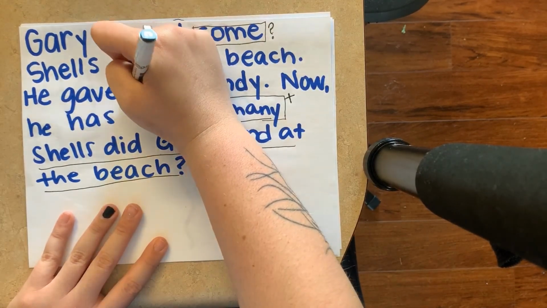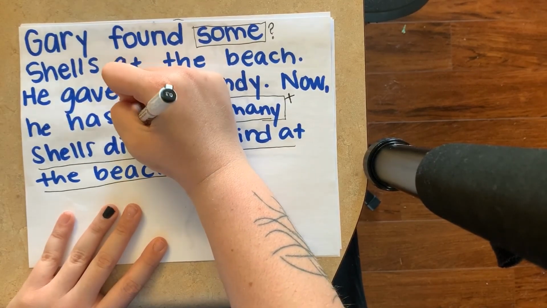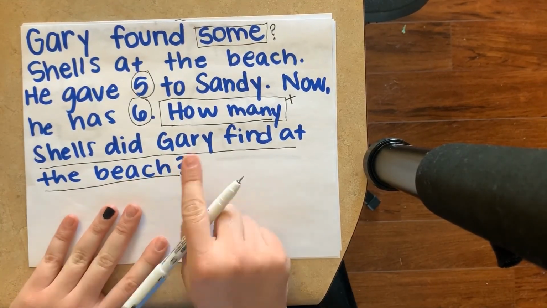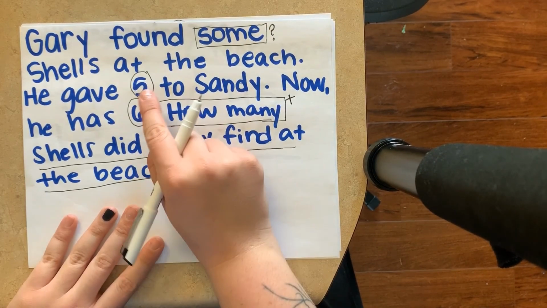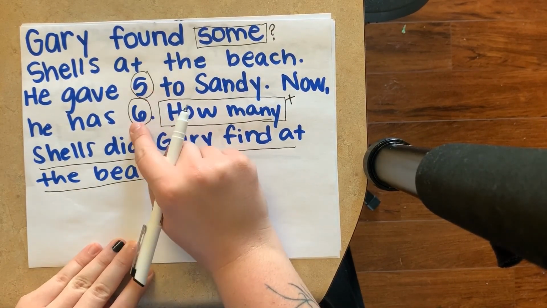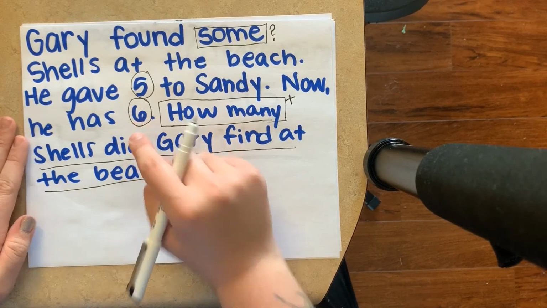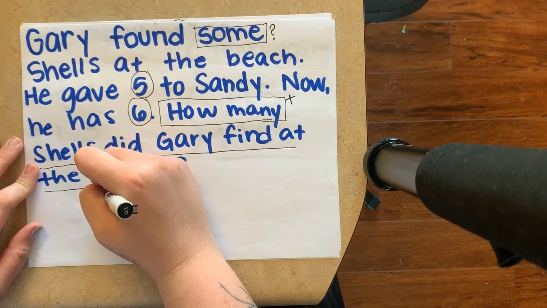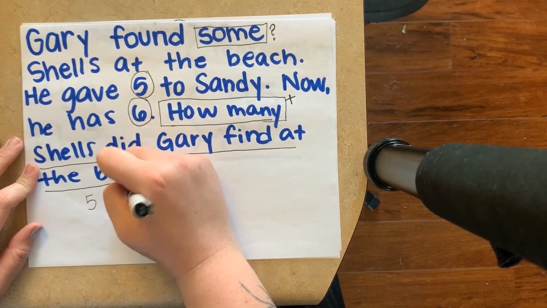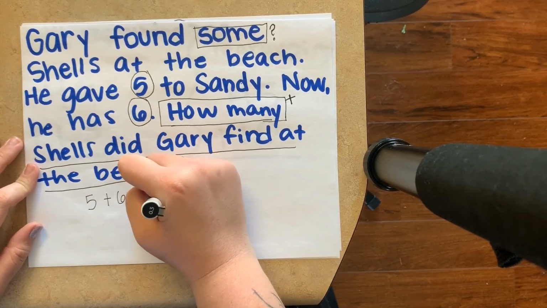But he gave 5 to Sandy and he's got 6 left over. So if I want to know how many shells Gary found at the beach, I need to add together how many he gave to Sandy and how many he has now. So my equation can look something like this. 5 plus 6 equals box.